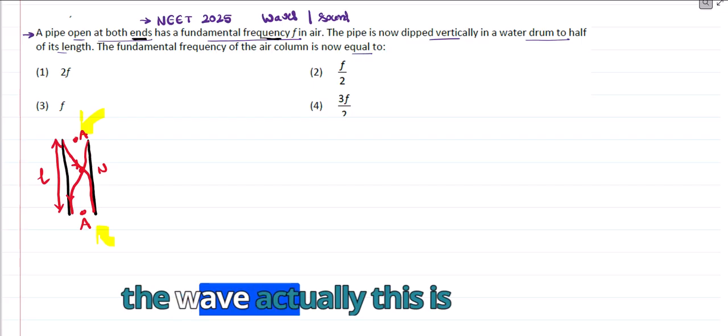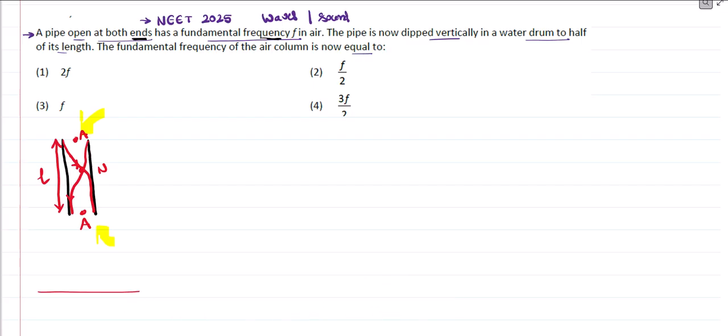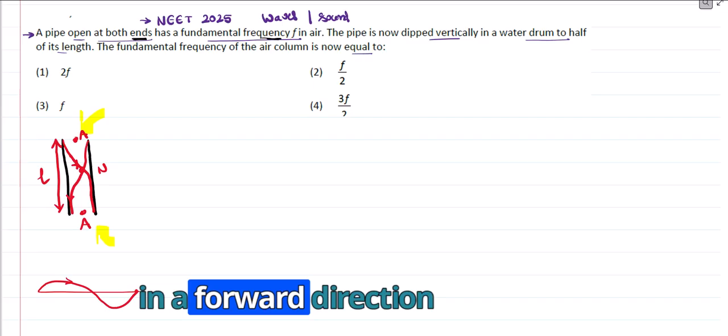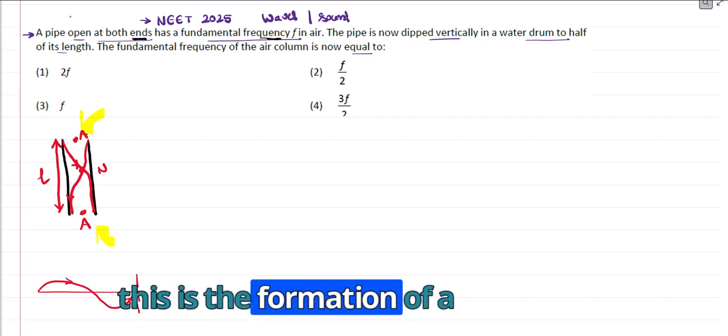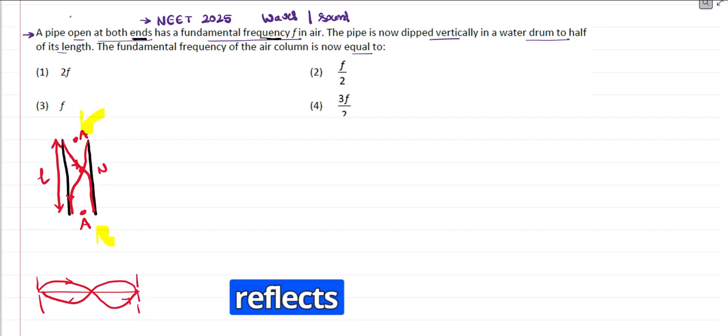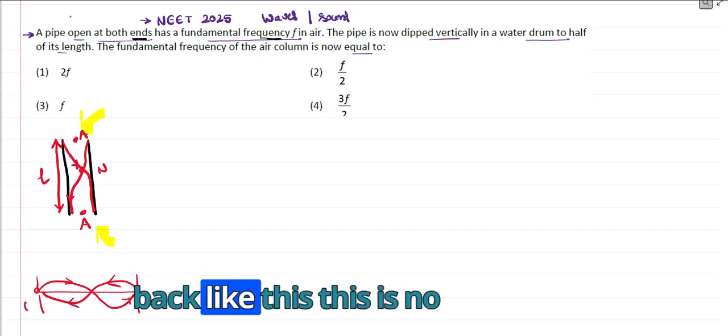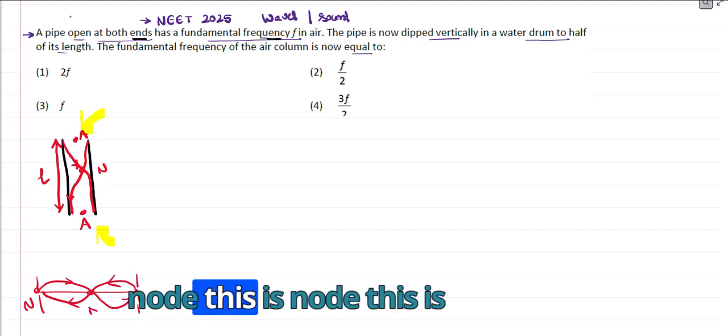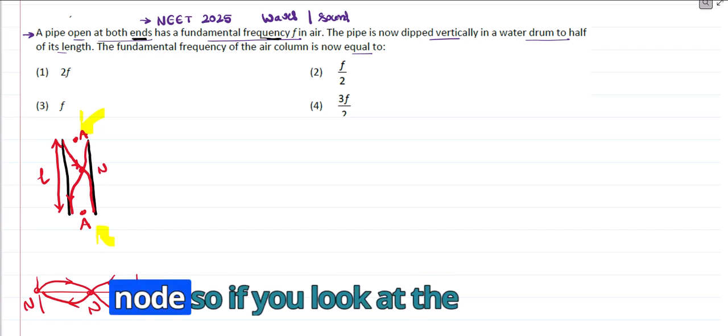If you look at the wave, actually this is how a wave is. This is moving in a forward direction. This is the formation of a stationary wave. Now it reflects back like this. This is node, this is node, this is node.